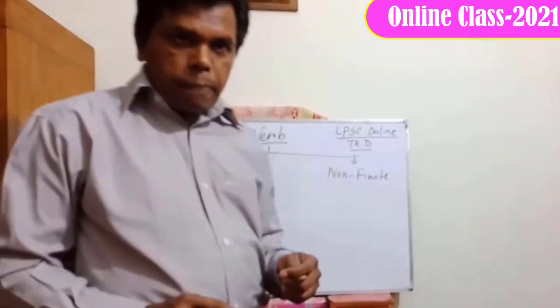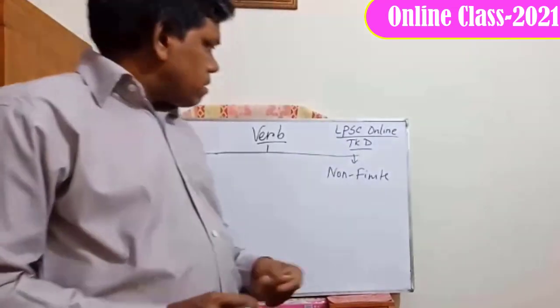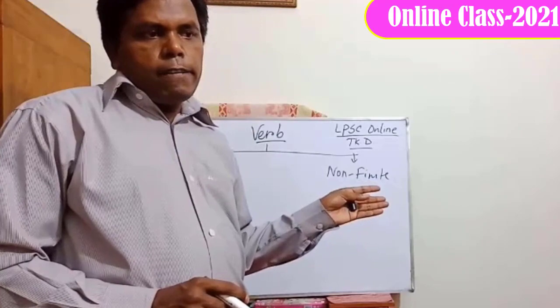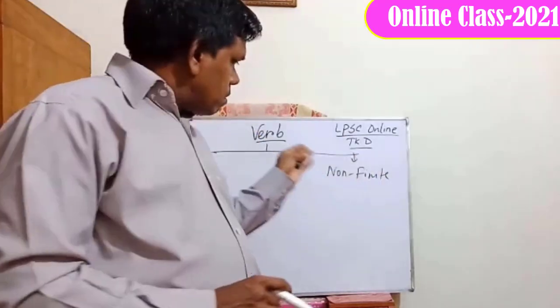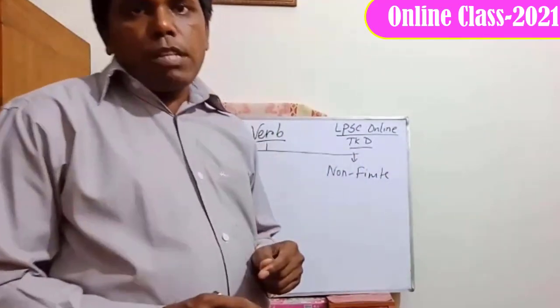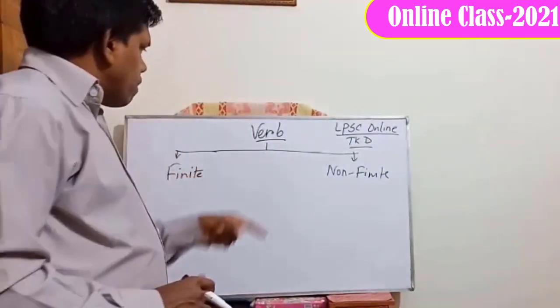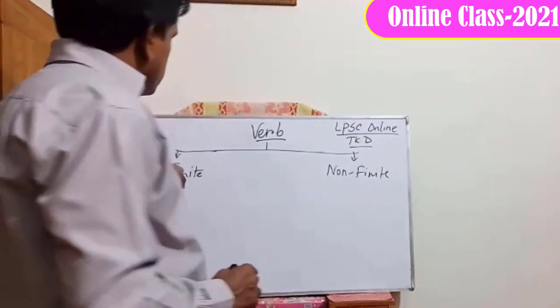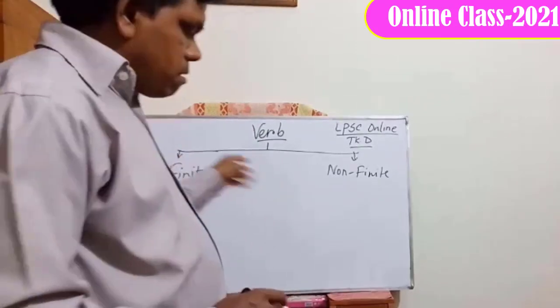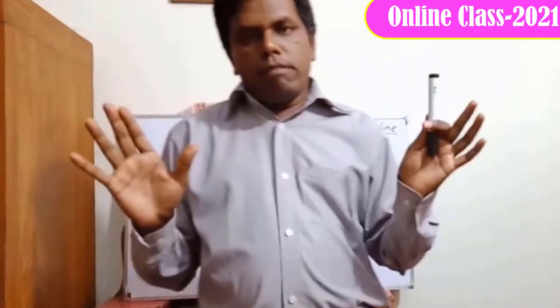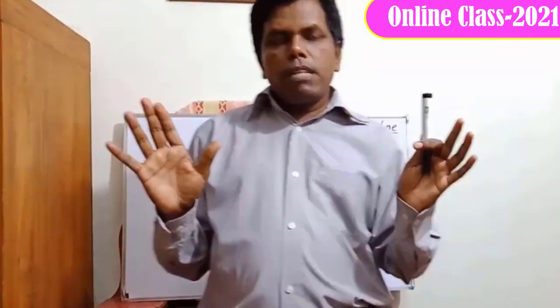Got it? One is finite and the other is non-finite. You will see this in the picture that I will show in the video. What is finite actually? Finite is the verb which can complete a sentence.